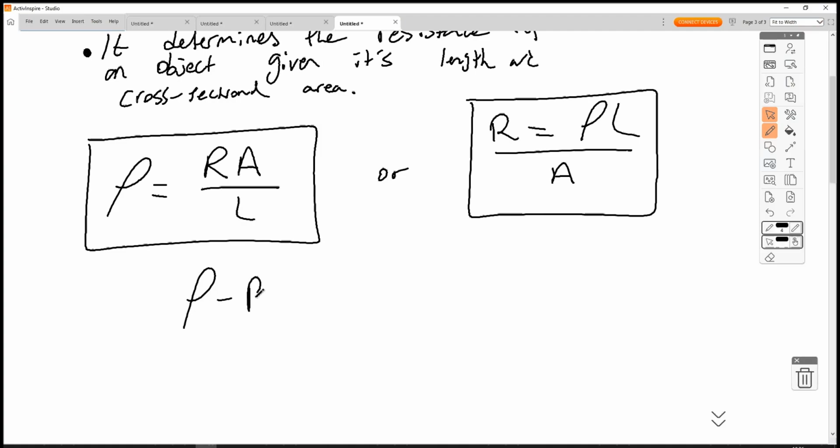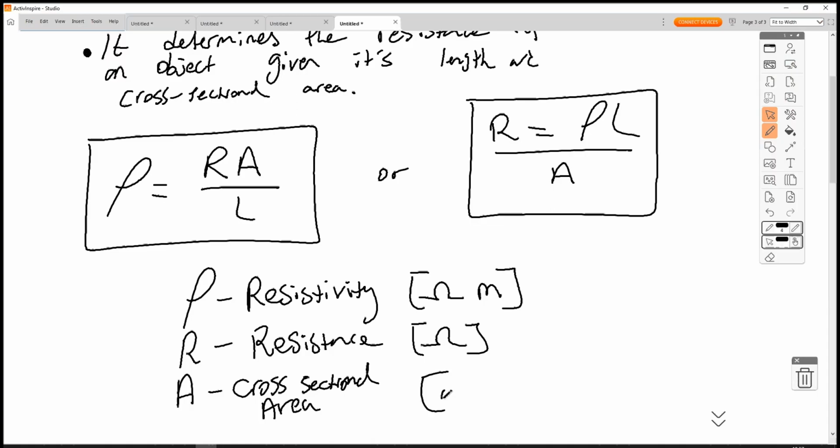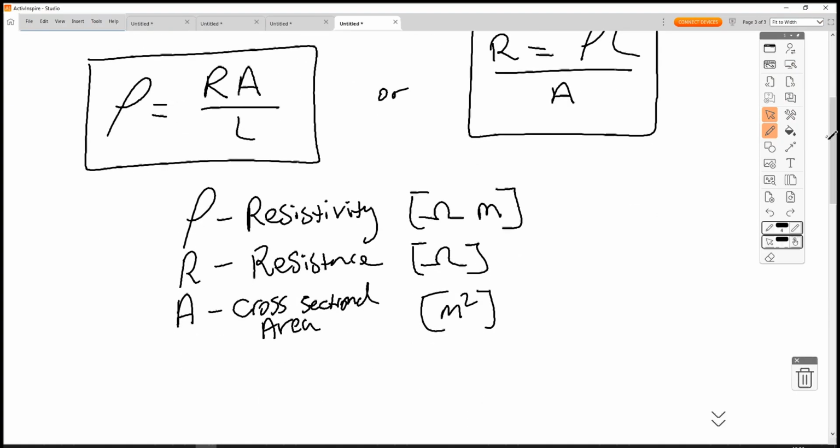So rho is resistivity, which has units ohm meters, not ohms per meter, but ohm meters. R is resistance in ohms. A is the cross-sectional area in meters squared. And L is the length in meters.